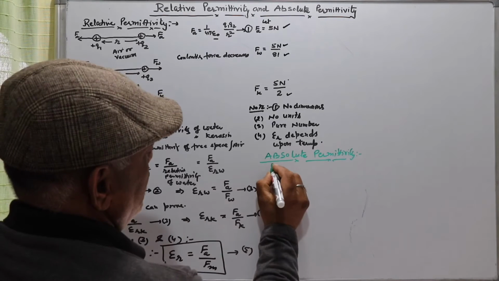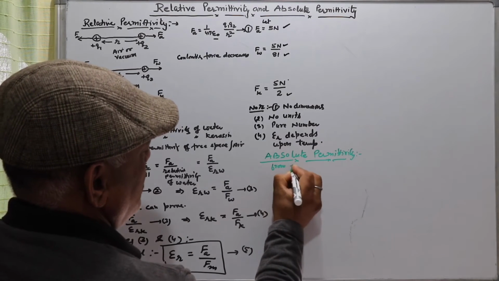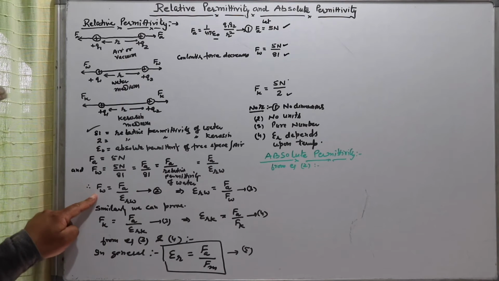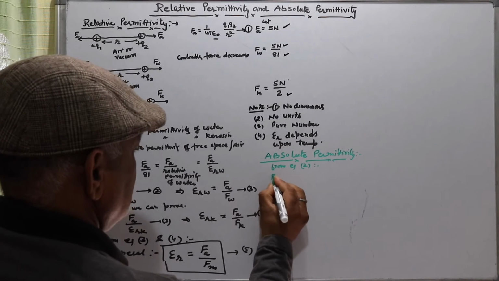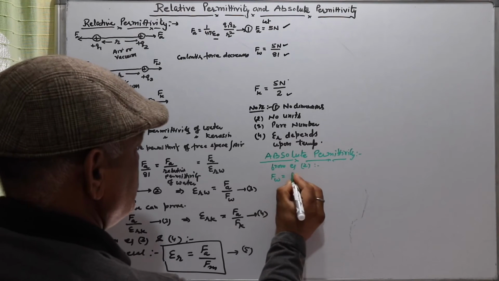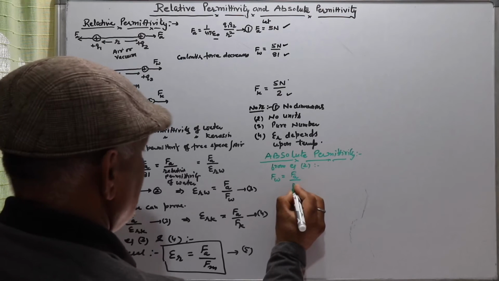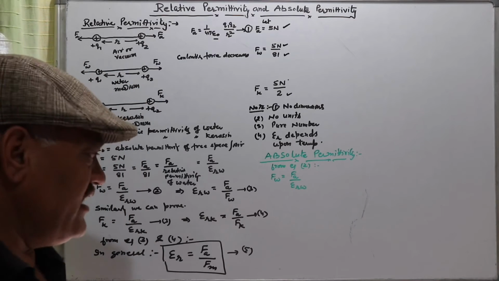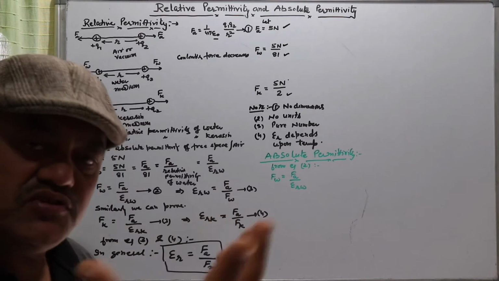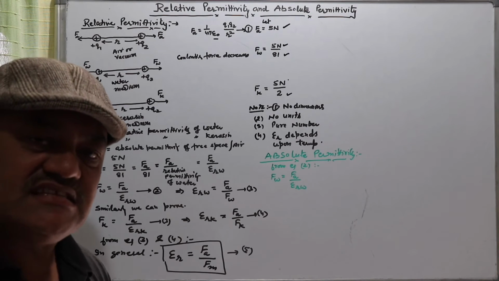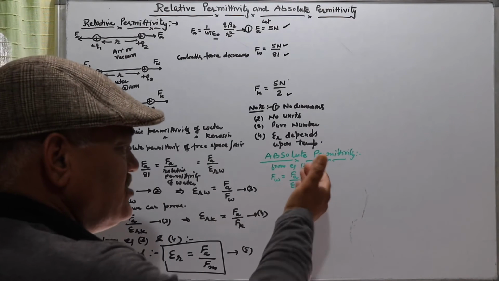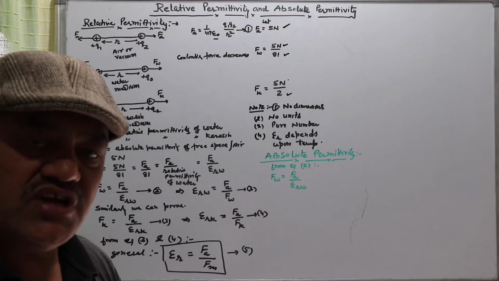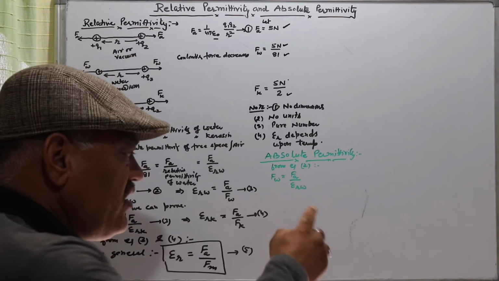Now, from equation number 2, students, this is our equation number 2, that is Fw is equal to Fa upon epsilon Rw, and you know that Fw is the Coulomb's force between the static charges when placed at distance r in the water medium, and it is equal to Fa, the Coulomb's force between the same two charges when placed in air or vacuum, upon epsilon Rw.